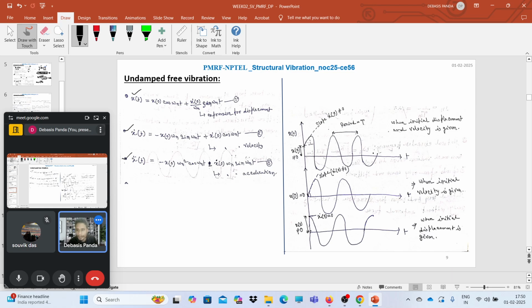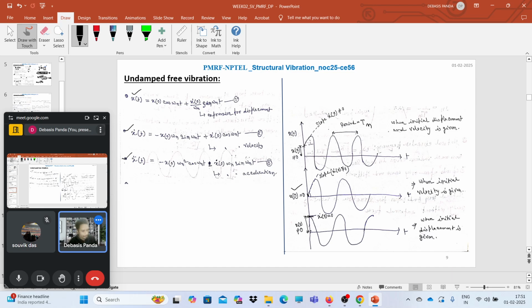Damping is not present, so the amplitude will not diminish, and this is the natural time period Tn for the system. In the second case, only initial velocity is provided, not initial displacement, and under the action of the initial velocity the system will keep vibrating. In the third case, only initial displacement is provided, slope is 0, that means no initial velocity is provided.